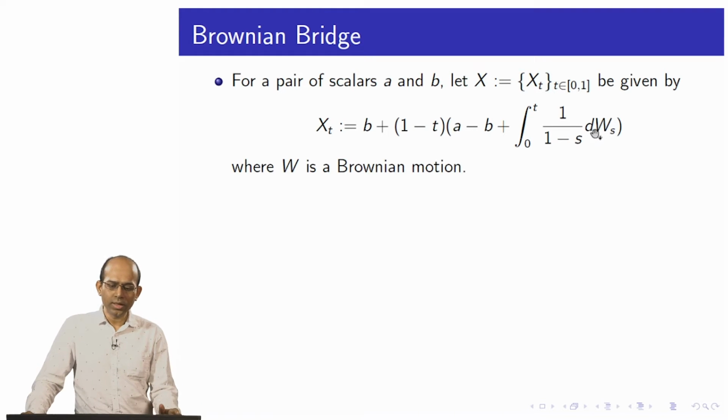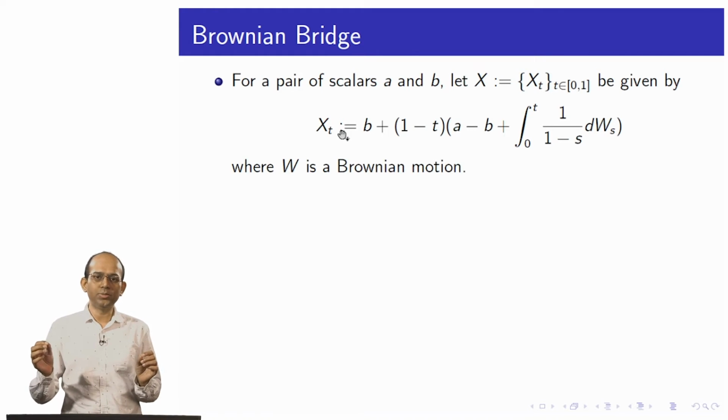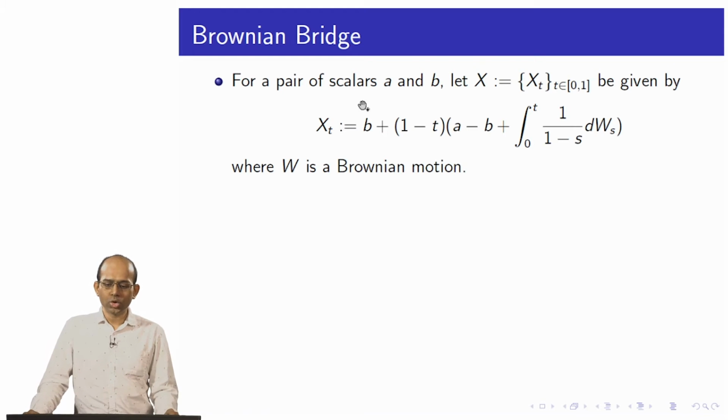Here let us understand how this process looks at the end points first. Here t is running between 0 and 1, so end points are time 0 and time 1. At time 0, we can put 0 here. If you place 0 here, this integration vanishes.